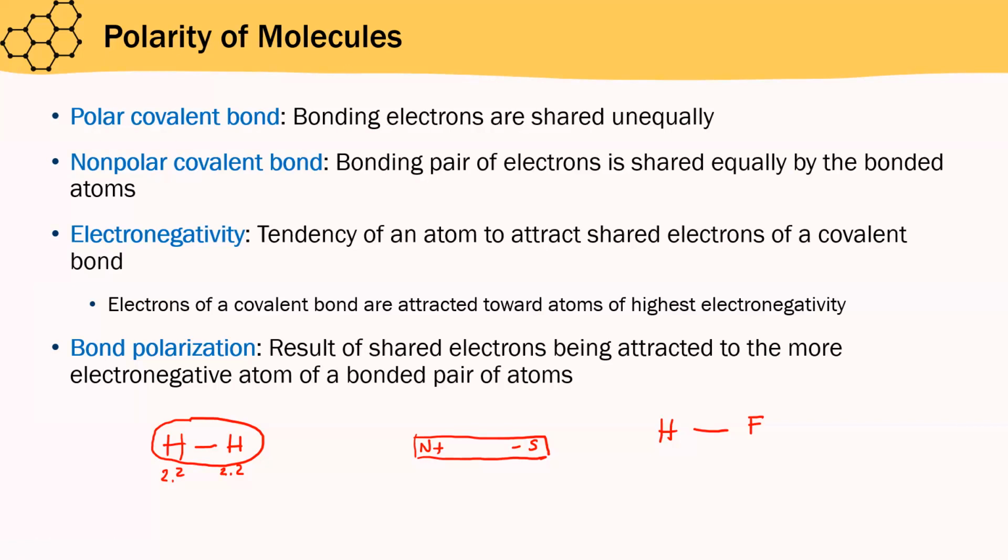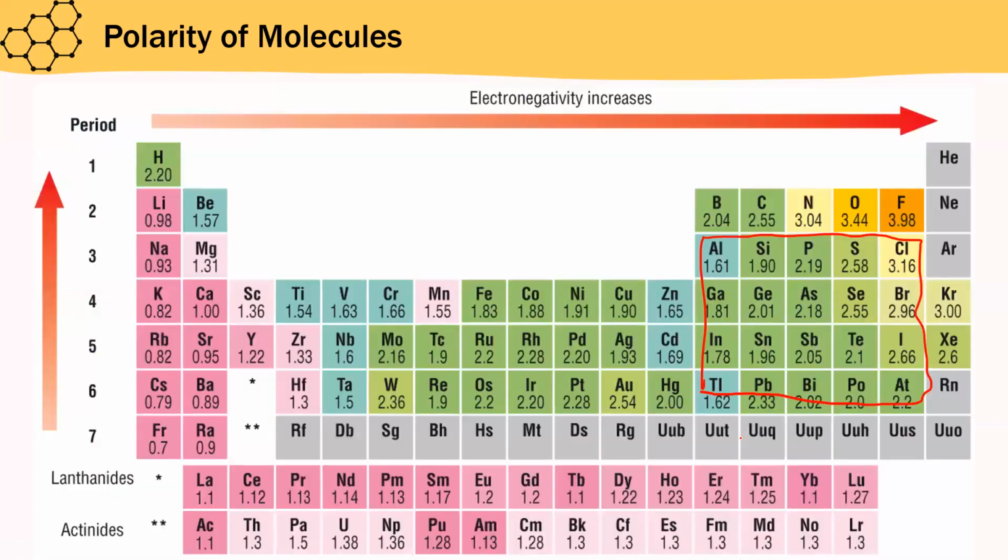On the other hand, let's have hydrofluoric acid, HF. Remember the electronegativity of hydrogen is 2.2. For fluorine, it's 3.98. By the way, the scale that we are using here is called the Pauling scale.